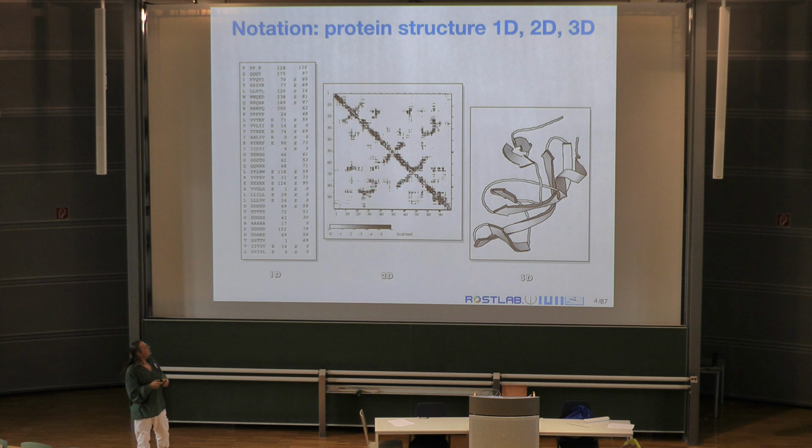But the typical process is that you get some preliminary NMR data, you throw a computer at it, after a few days you get some answer and you measure again. The computer tells you where is the highest uncertainty, so where you should get additional constraints, additional measurements, additional labels.